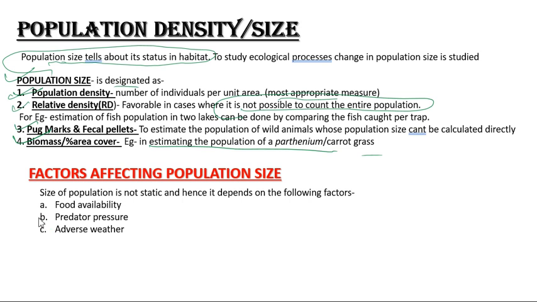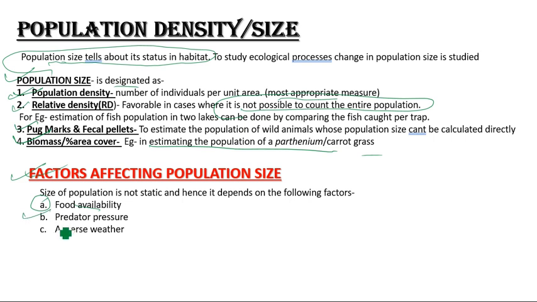Now see, the next topic is factors affecting population size, of which we more or less have a sense. The very first thing is food availability. Food availability is a definite criterion. There are many places in Africa where the population is very, very low. Why? Because of food and water availability, okay?